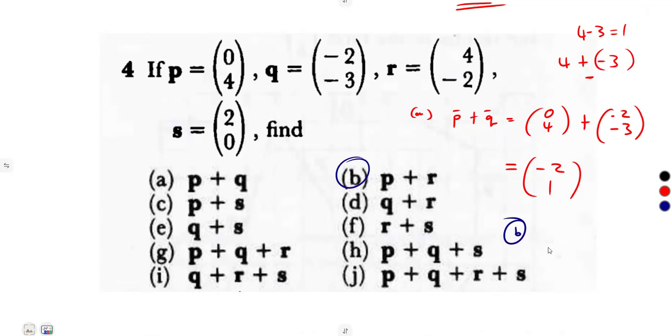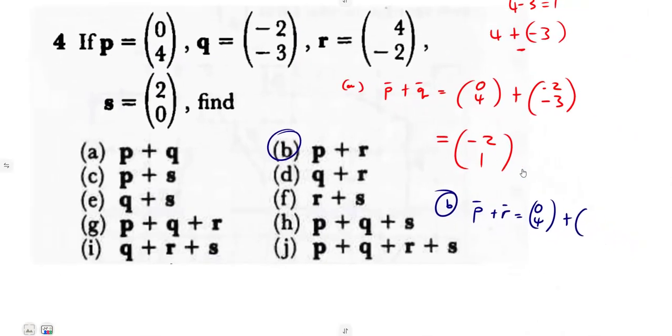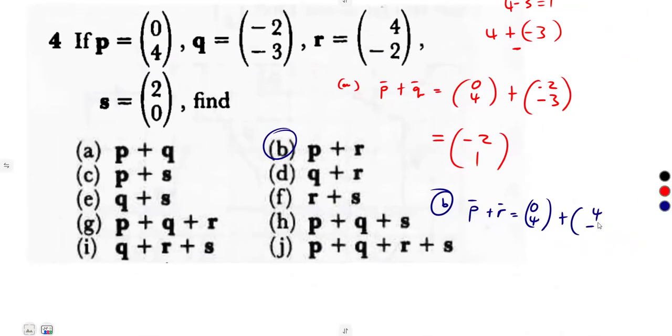Another one, P plus R. Simply take your vector P and your vector R just like before. This is our vector P, (0, 4), and our vector R is (4, -2). So simply add 0 plus 4, that's 4.